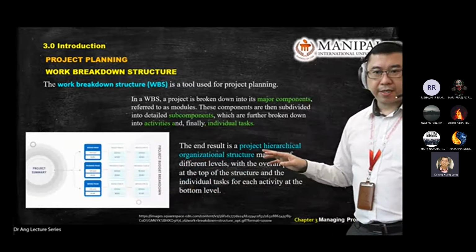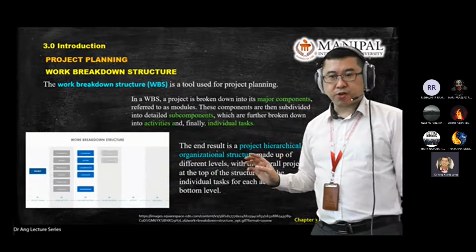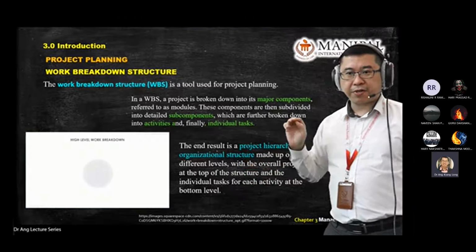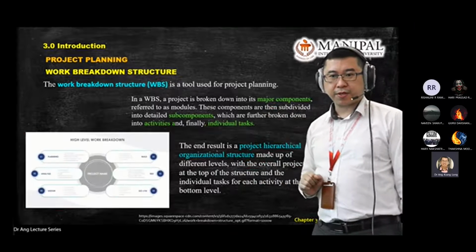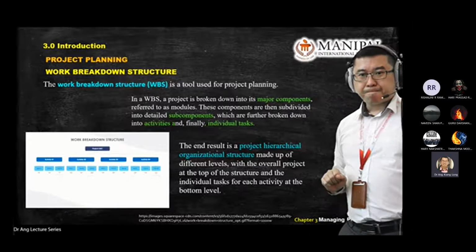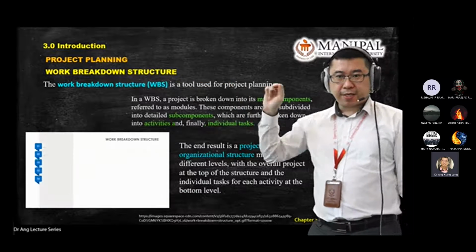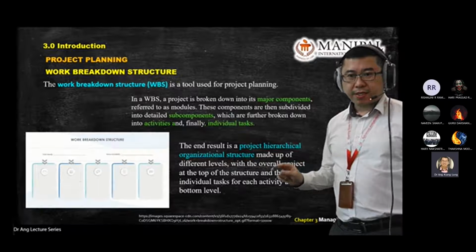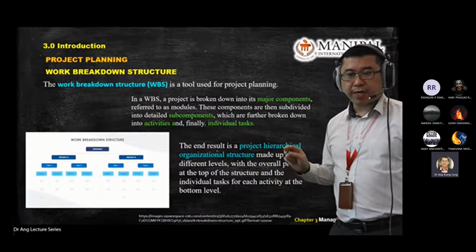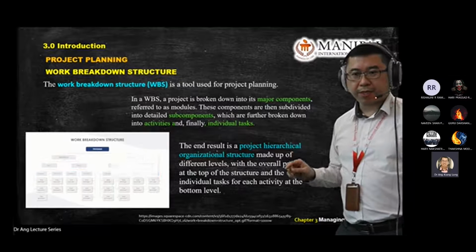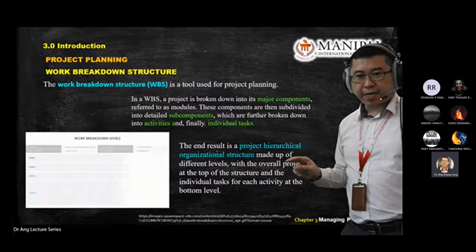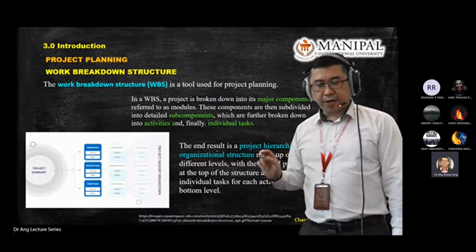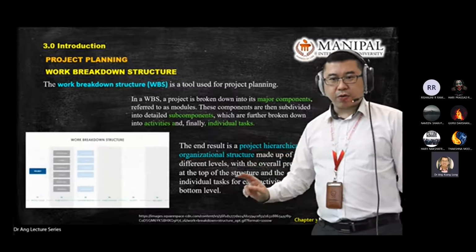You put everything in a structure so that you can focus on the high level and low level activities. So WBS gives you an organization structure that tells you the story: what is the main, what is the important, what is a high rank and low rank project, or high level activity and low level activity.